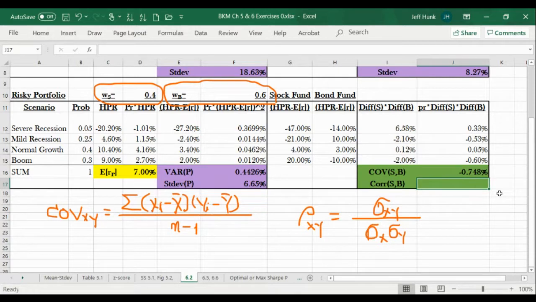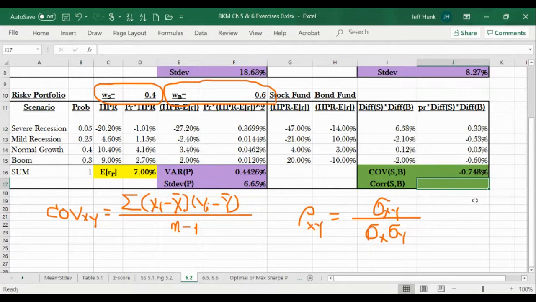And since covariance is negative, correlation will have to be negative, because this thing is negative. Unless these two are negative, then this will be positive. But the standard deviation of the stock and the standard deviation of the bond portfolio by themselves cannot be negative.